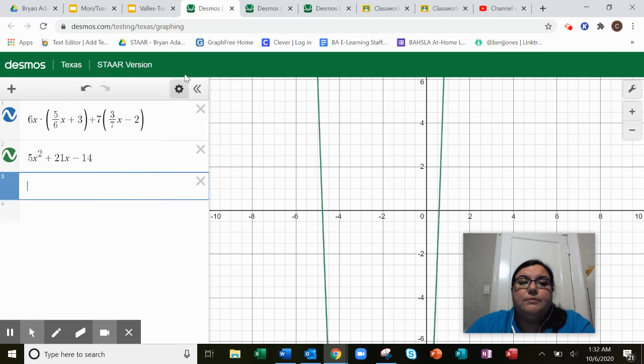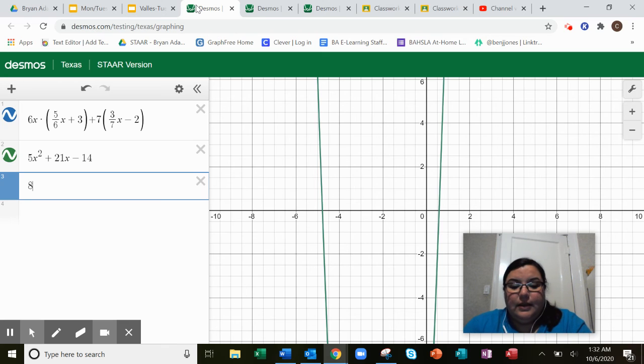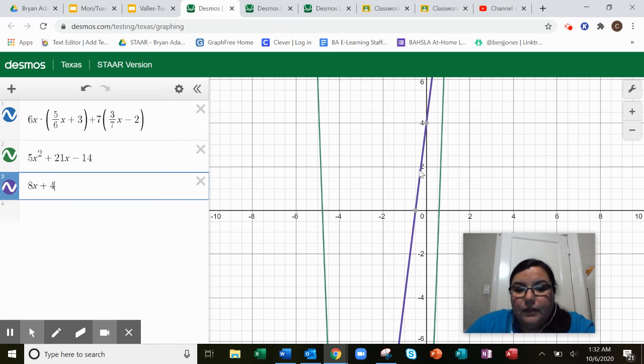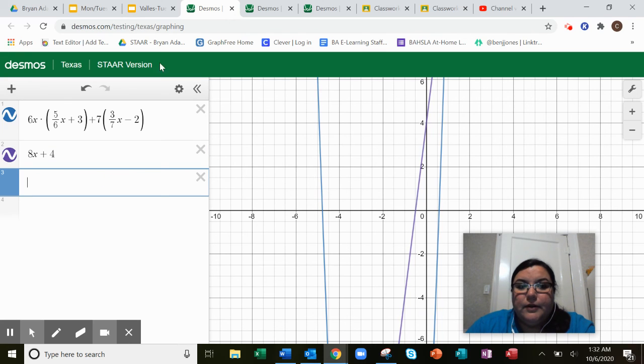So if you approach this question and say, well, what happens if I try something else? Let's try answer choice A, 8a plus 4, so it'll be 8x plus 4. Notice how this purple graph looks nothing like this green graph. So I'm going to take this one off. The original one is the blue graph, and they don't look anything similar.